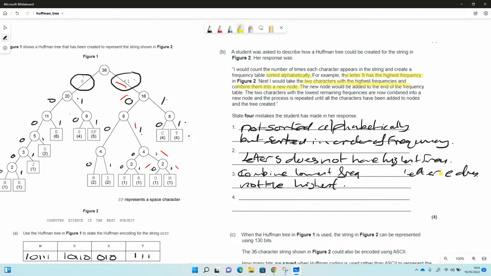And then what else do we say? It says the new node would be added to the end of the frequency table. It's not added to the end of the table, it's just added in the right place, in the place it should be.